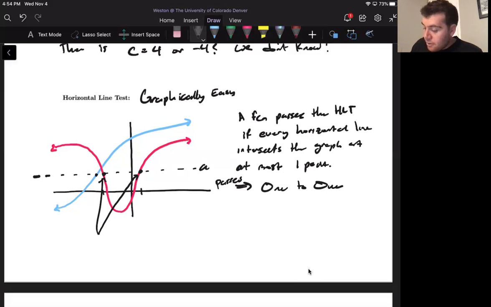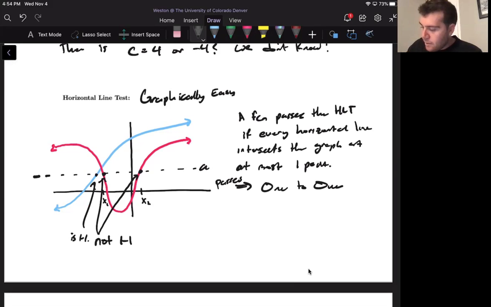So these 2 values, x2 and x1, map to the same point. Therefore, it is not one-to-one. But this blue function is one-to-one. And so that's all we have to do to check. We just look at the graph, see if it looks like every horizontal line passes through at most 1 point, and we're done.